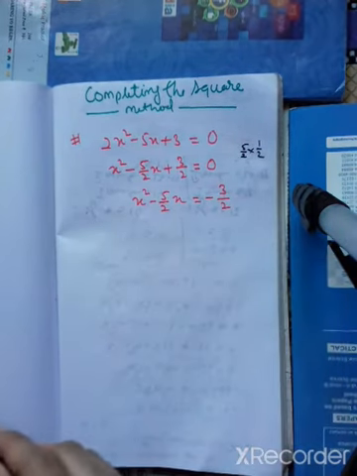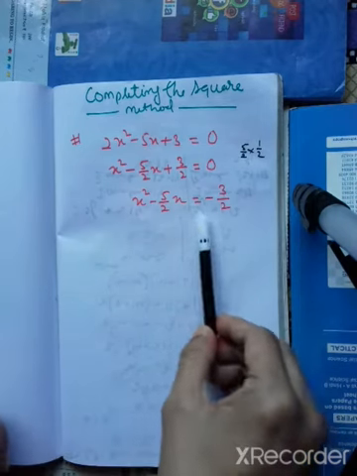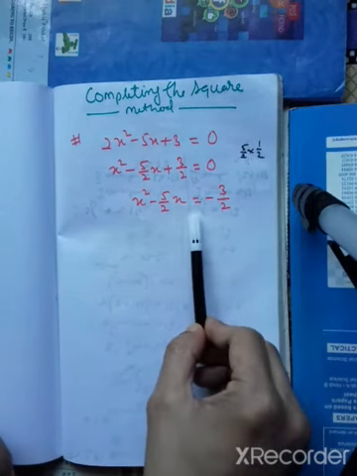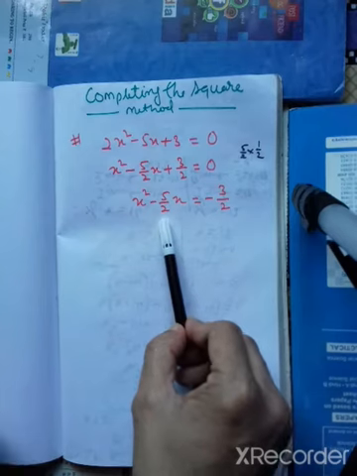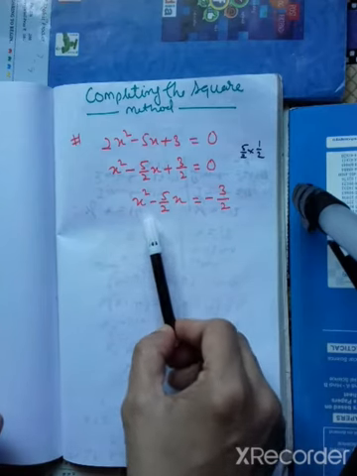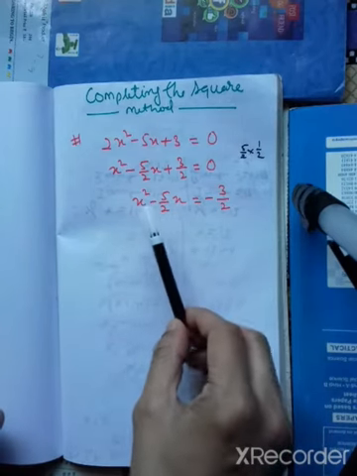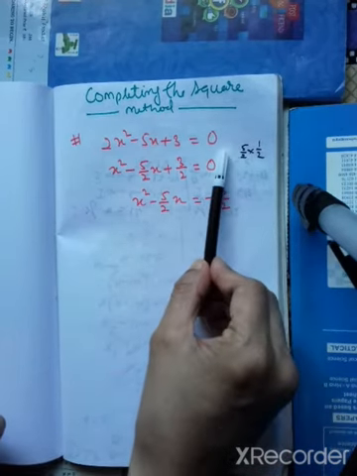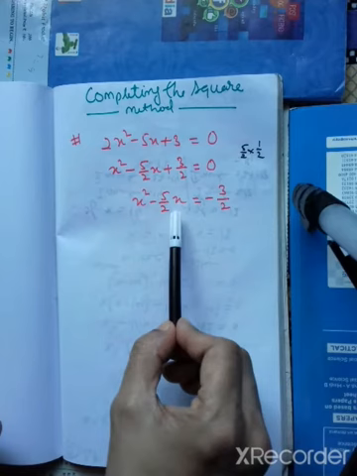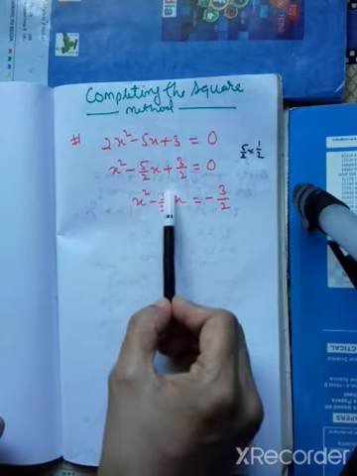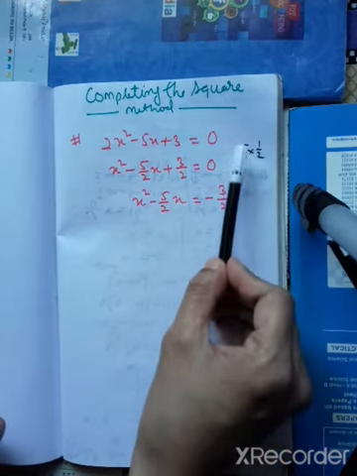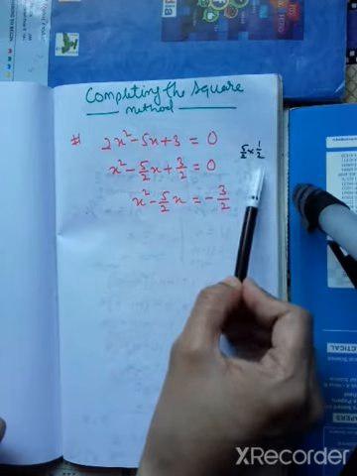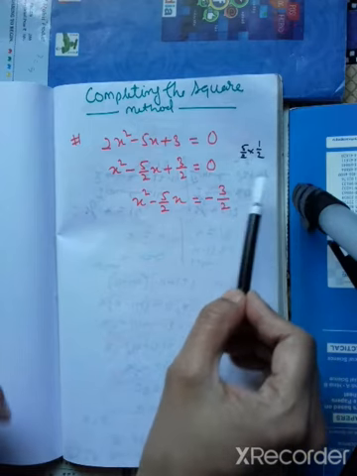So we are going to add the square of half of the coefficient of x on both sides. So here, what is the square of half of the coefficient of x? That is 5 by 2 multiplied by 1 by 2. The coefficient of x is 5 by 2, half of it is 5 by 4, and the square will be 5 by 4 whole square.